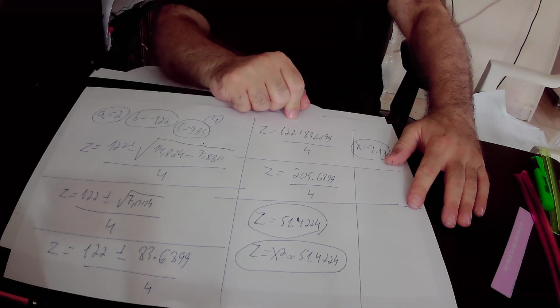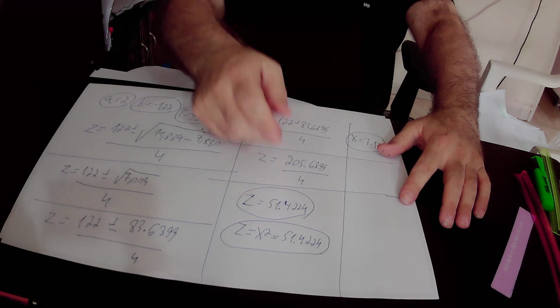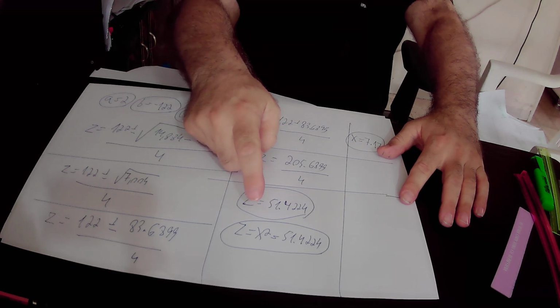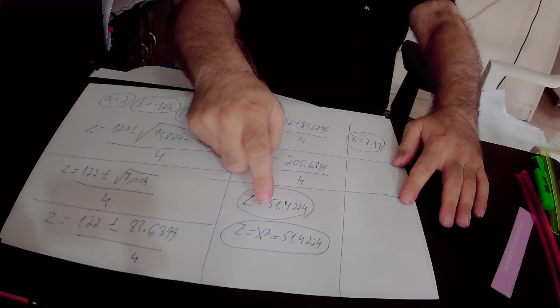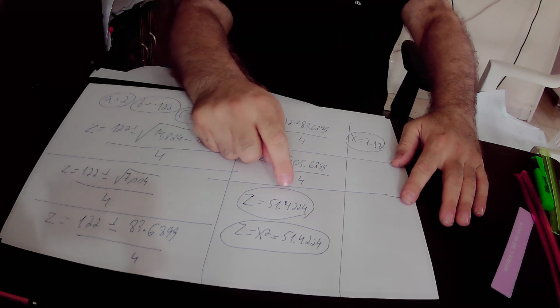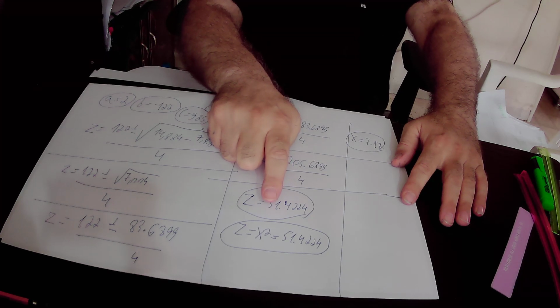But what is the value of z? According to our definition, z equals x squared. So x squared equals 51.4224. If we take the square root of this number, we'll get the value of x itself.